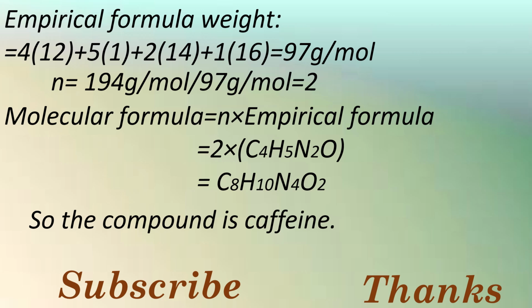Empirical formula is the simplest ratio between atoms while molecular formula is the actual formula. We will put the value of N, 2, into C4H5N2O. We will multiply the empirical formula by 2. We get C8H10N4O2. So the molecular formula is calculated. This is the molecular formula of caffeine. So the compound is caffeine.